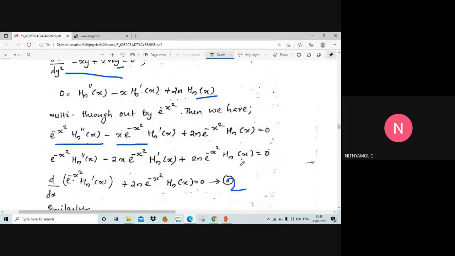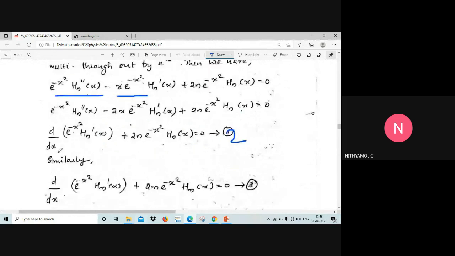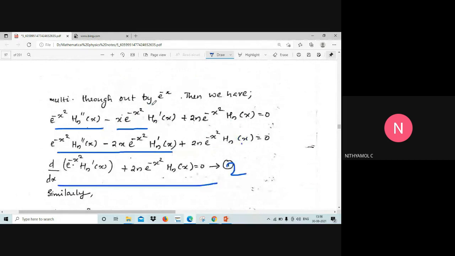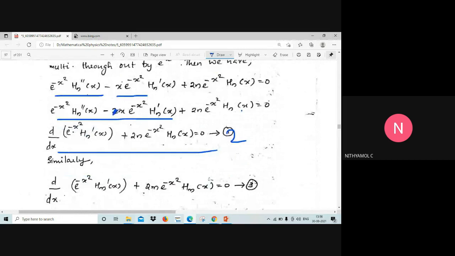Next, this can be written like this: d by dx of e raised to minus x square hn prime x, plus this term, 2n e raised to minus x square hn x, equal to 0.